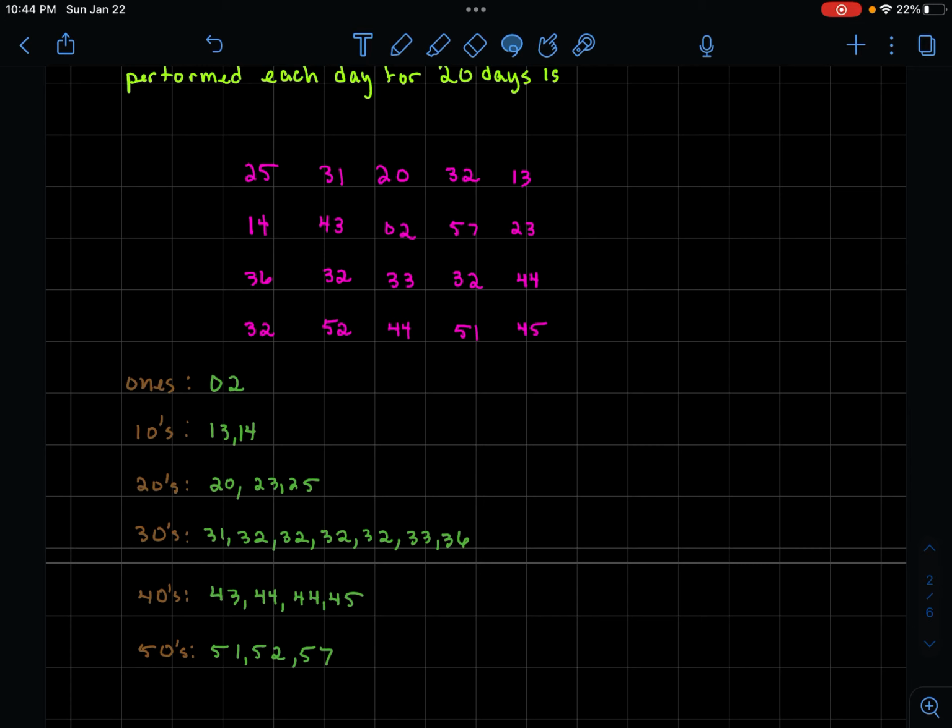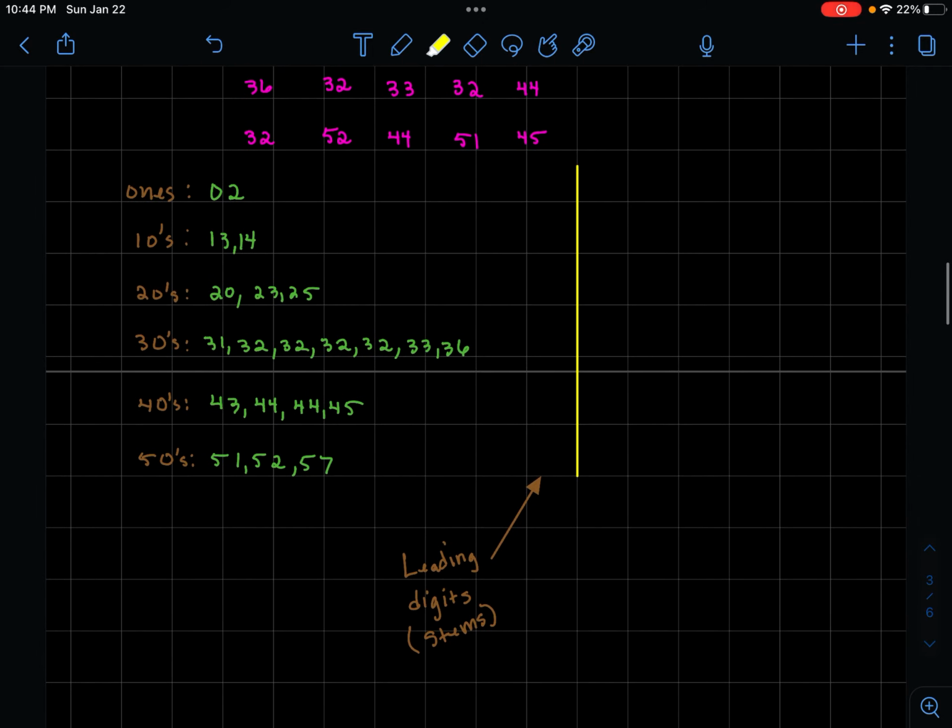Now what we do with this is we take the leading digits, 1, 2, 3, 4, and 5, and those are going to be called our stems in our graph. We'll have a vertical line. All of our stems, the leading digit of our numbers, will go over here, and the trailing digits of those numbers will go on the right side of the line.